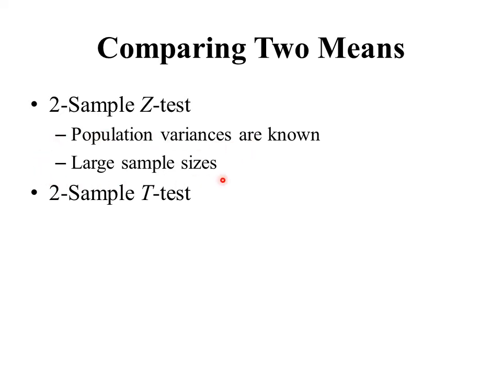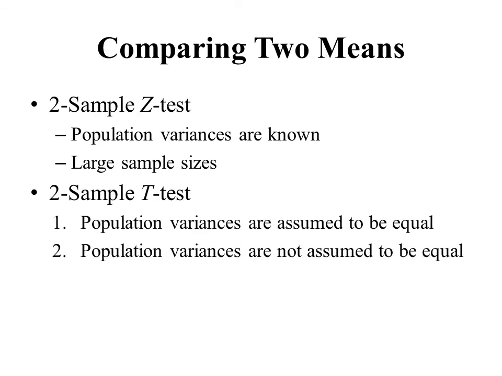If we have very large sample sizes, then we can use the two-sample z-test. Now one complicating factor here is that with our two-sample t-test, we have a couple of different versions of it. The first version is where we assume that the population variances are equal. The second is where we do not assume them to be equal.